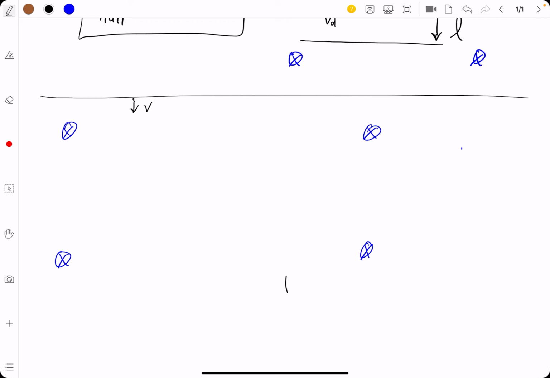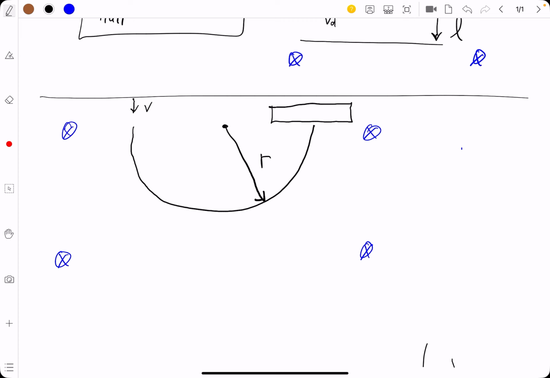Should we make the charged particles positive or negative? I don't know. It doesn't matter. But since I've got them going like this, they're going to go in this direction. They're going to curve in this B field, and that curve is going to be some radius. And over here, we'll have some detector, and the detector has bins in it.